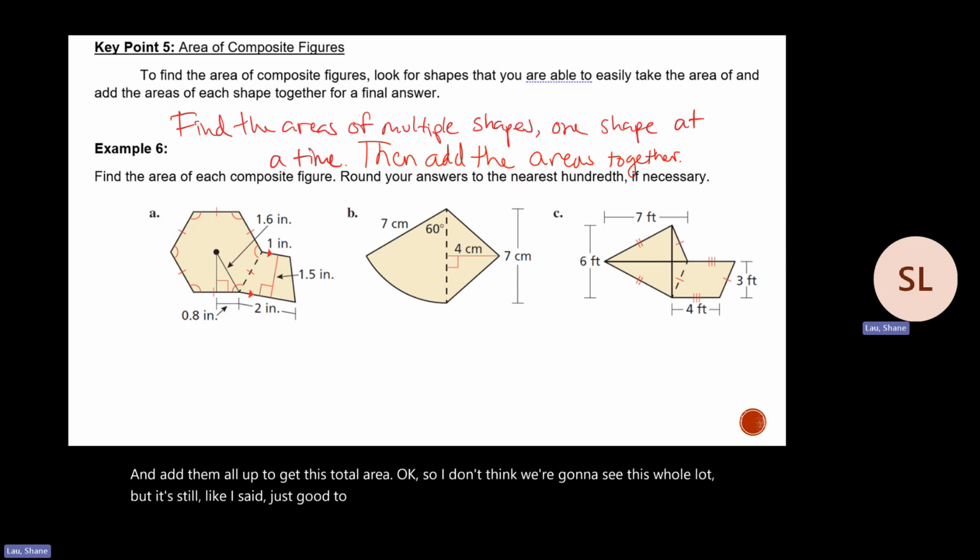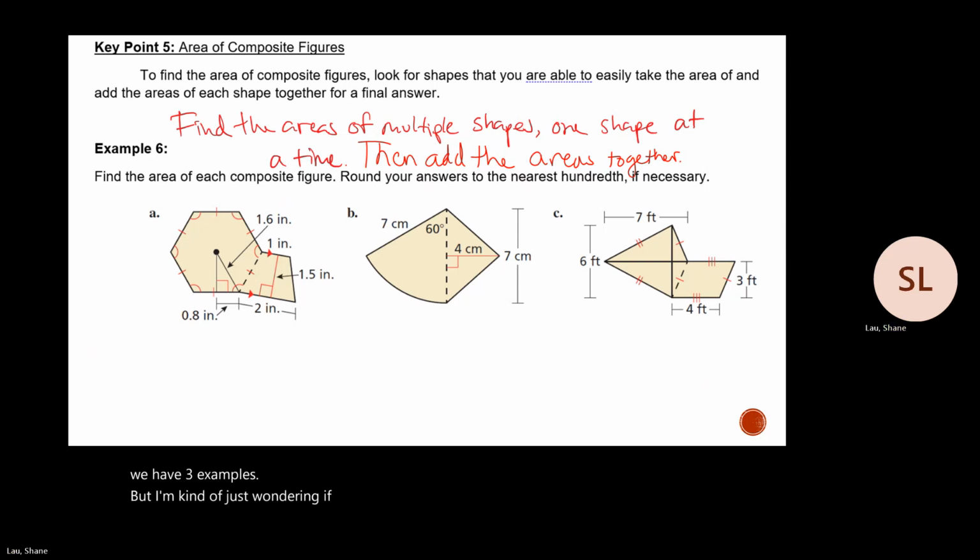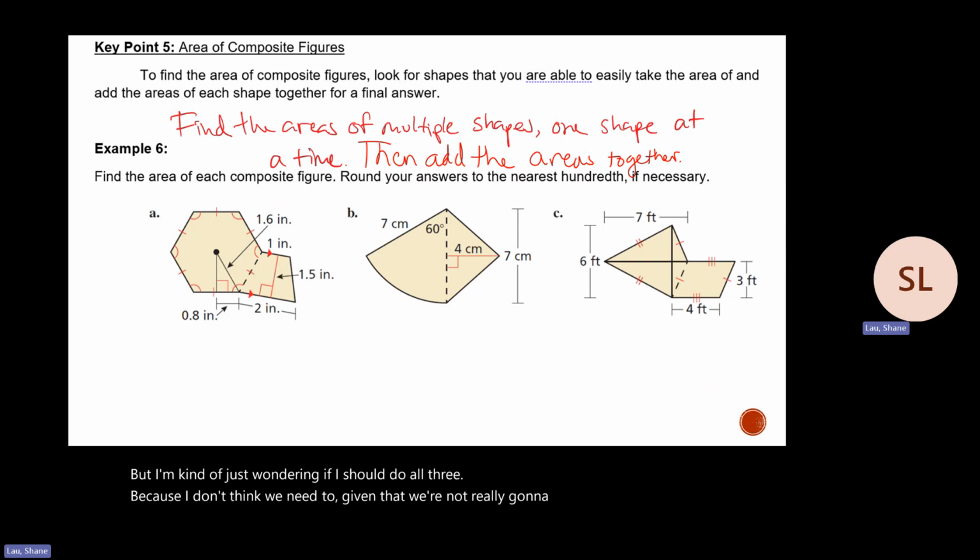Okay, so we'll look at example 6, and luckily for us, we have 3 examples. But I'm kind of just wondering if I should do all 3, because I don't think we need to, given that we're not really going to see this.